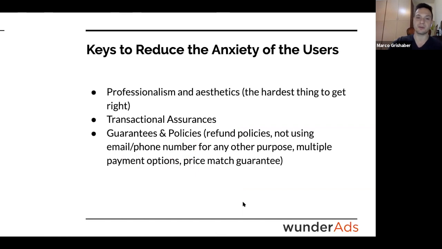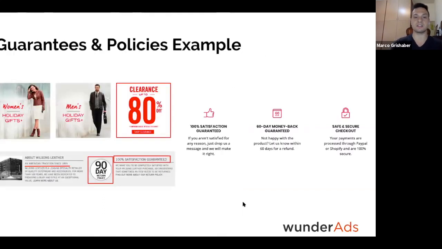So the keys for reducing the anxiety of the users are to have a professional and aesthetic website, to show some transactional assurances, and to have some guarantees and policies. Here are some examples. Very common are 90-day returns, a 100% satisfaction guarantee, safe and secure checkout emblems, but also statements like, for example, 'since 1899' when you look at the Wilson leather picture, which will also establish trust.